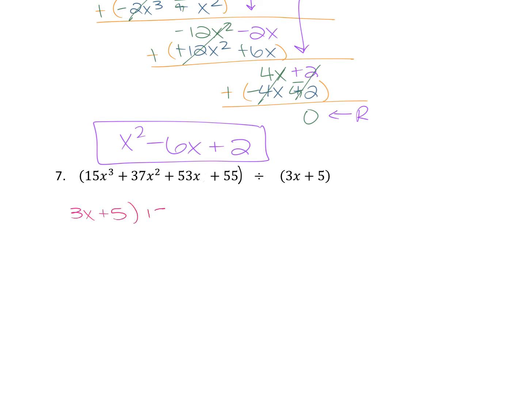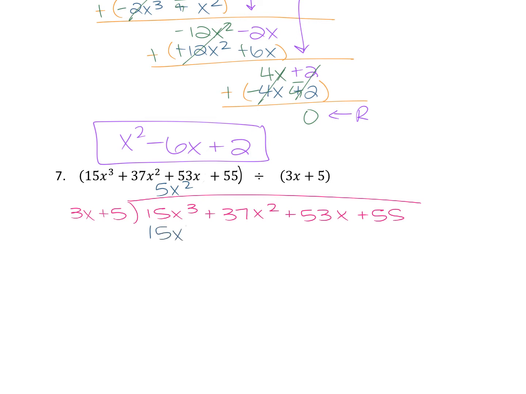On the inside, we're going to put the 15x cubed plus 37x squared plus 53x plus 55. The 3x times 5x squared is 15x cubed. So we're going to have 15x cubed plus 25x squared. We subtract these or add opposites.